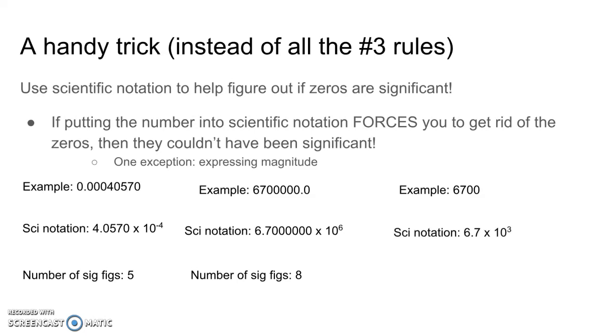And so when I turn it into scientific notation, they count in terms of magnitude, but they don't really count in terms of significance. In order for these zeros to be significant, there would have to be a decimal point right here. There's not, so therefore these zeros are not significant. This is the exception to the trick, but it's something to be aware of. So in this one, I would only have 2 sig figs.